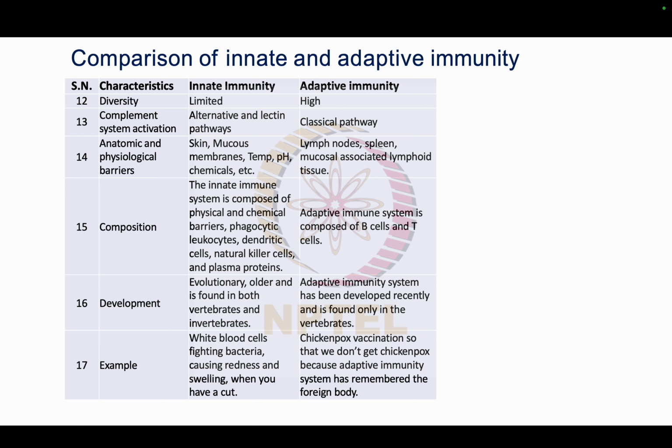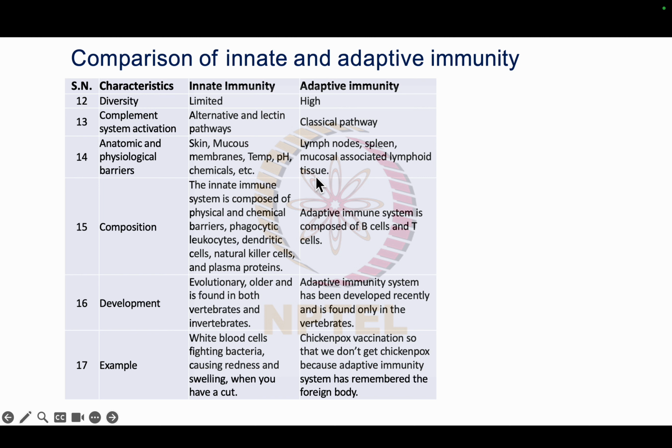Innate immunity diversity is limited, adaptive immunity diversity is high. Innate immunity: alternative and lectin pathways of complement system activation. Adaptive immunity: classical pathway. Innate immune cells are present in skin, mucous membrane, temperature, pH.